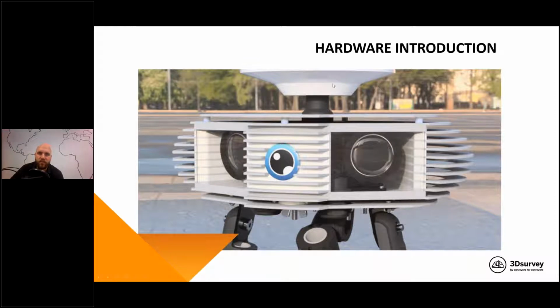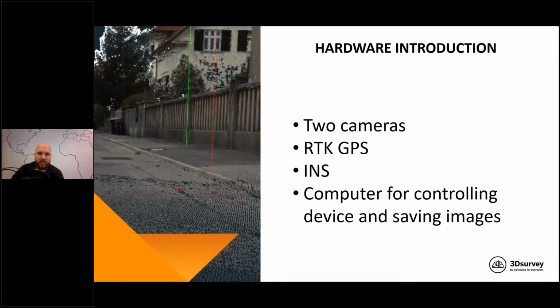The device also has an RTK GPS attached to it and an INS instrument. So we have two cameras, RTK GPS and INS. INS means inertial navigation system.